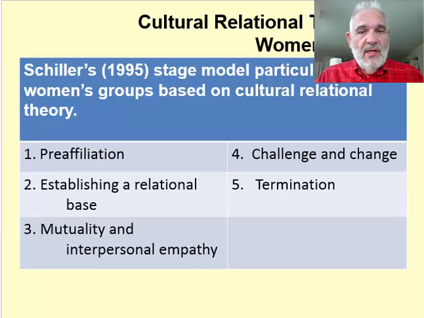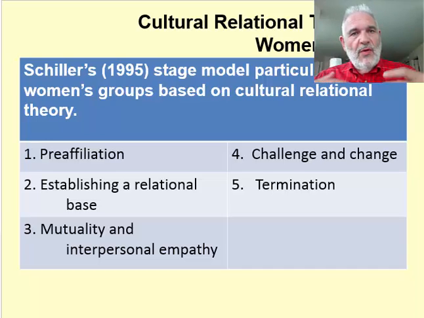A mutual understanding and empathy from others who may have been where you've been and have somehow overcome that. The challenge and change stage has to do with people within the group encouraging and challenging others to move from being stuck in a particular area to exploring other alternatives. And then the termination phase, which is common among groups.